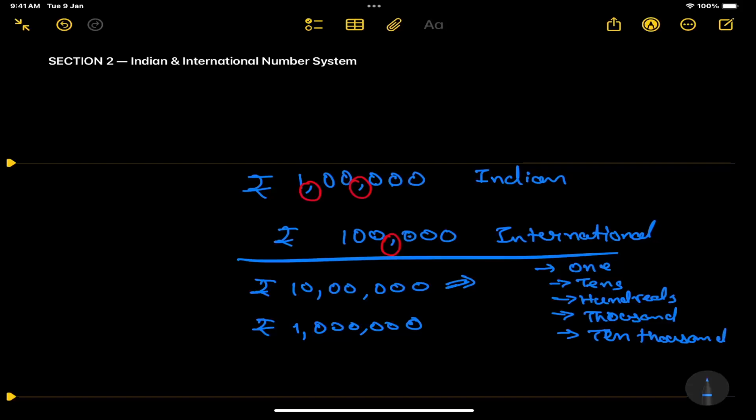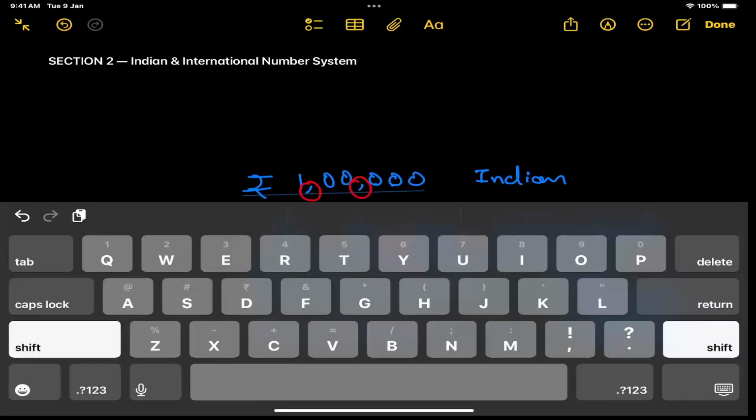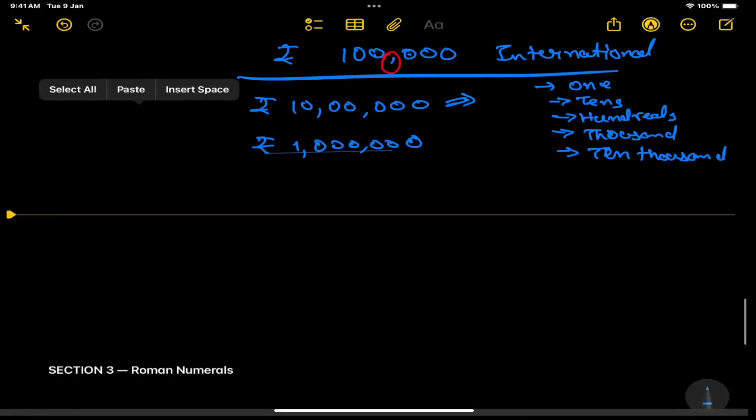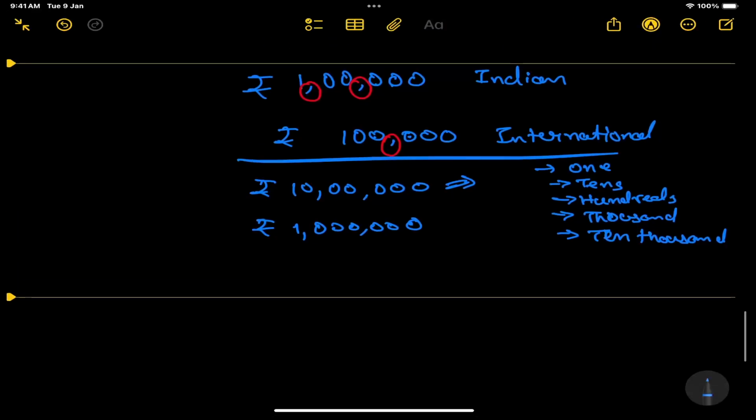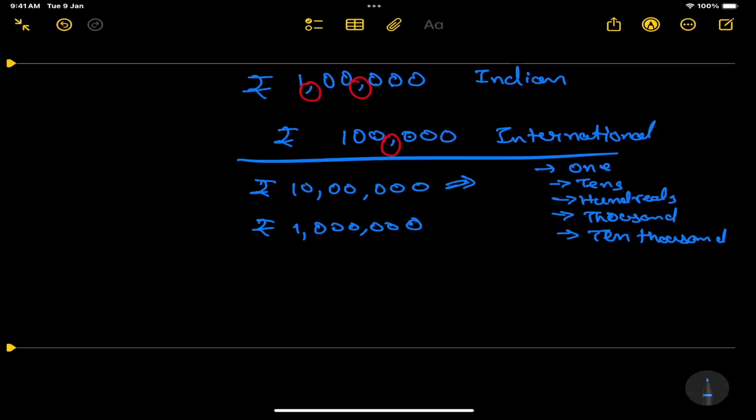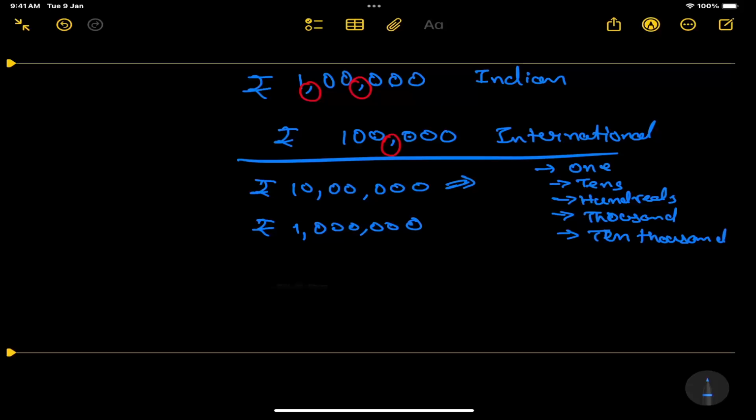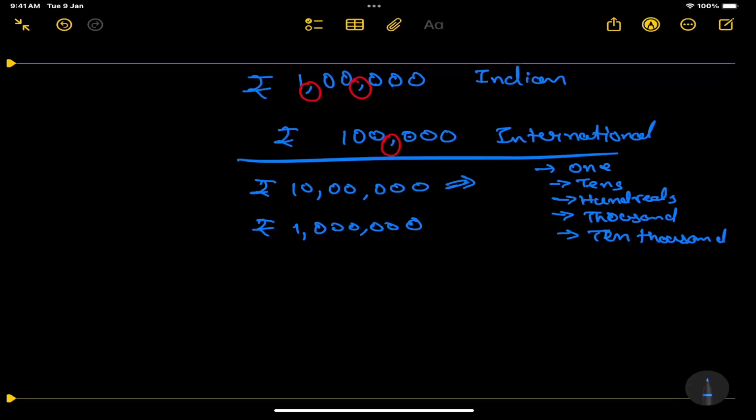But when you move ahead, you will see that after 10,000 in Indian number system, excuse me, I'm not that well versed with the iPad, but yeah.